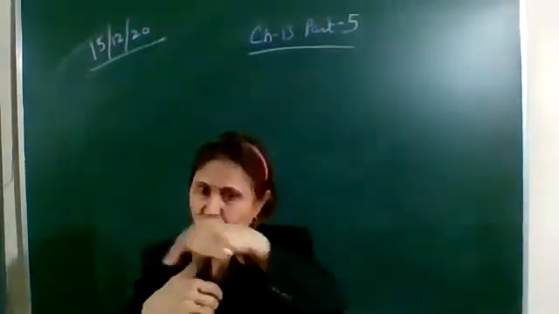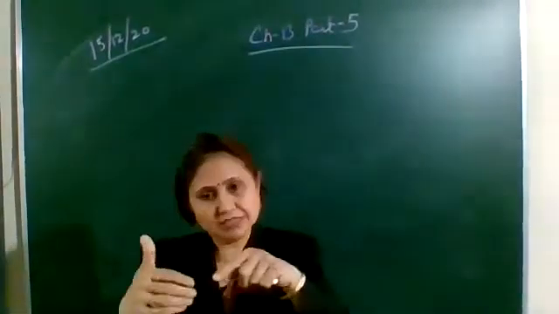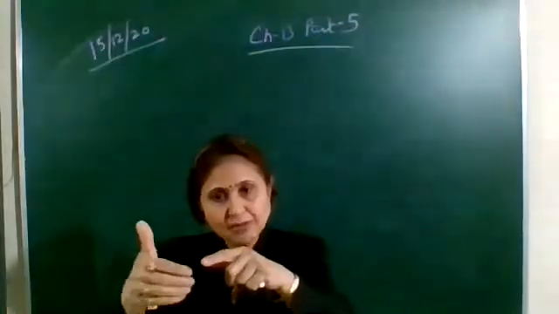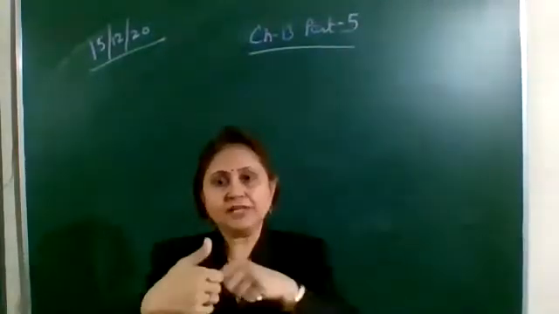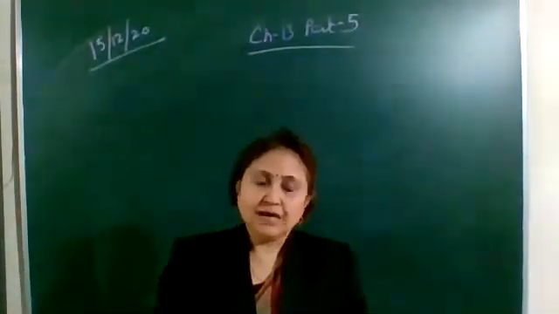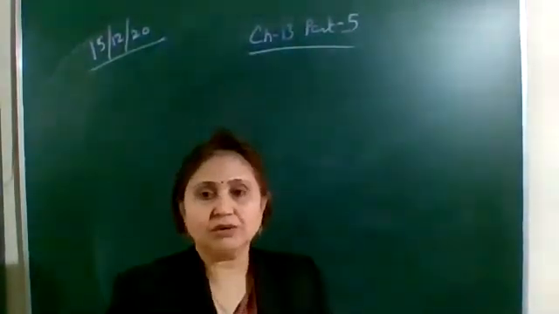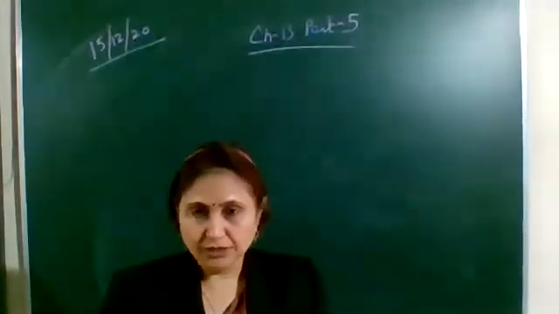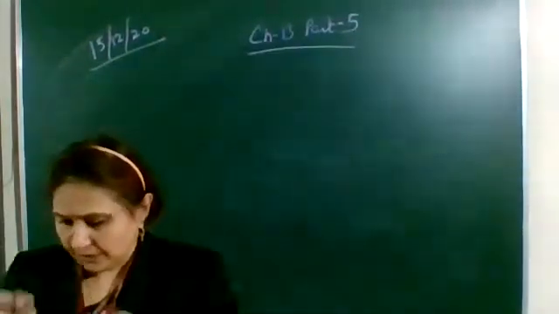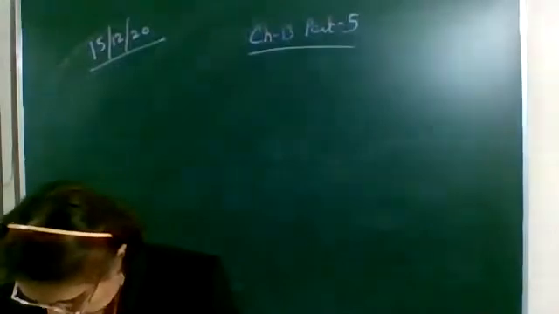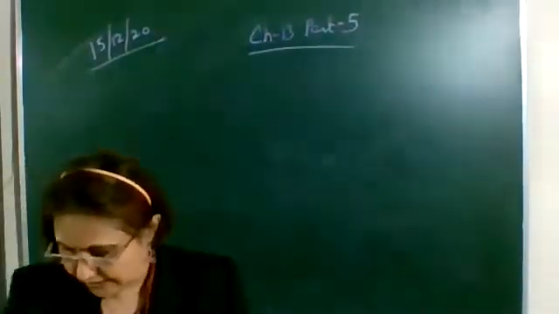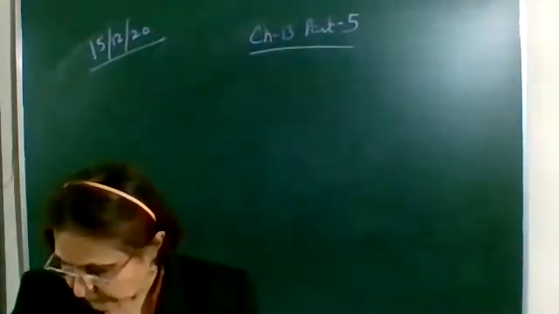So you have to draw arrows on those concentric circles, in the direction the fingertips are pointing. That is the direction of the magnetic field lines, and this rule we call the right hand thumb rule.